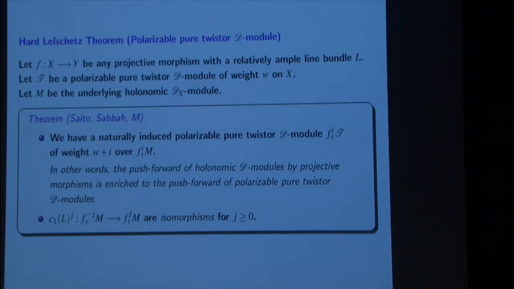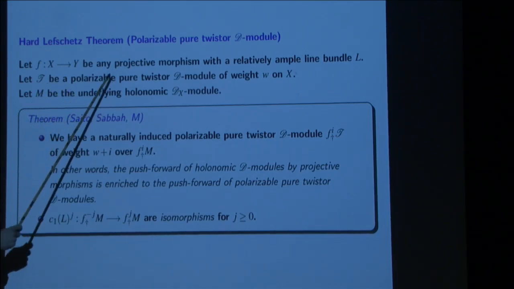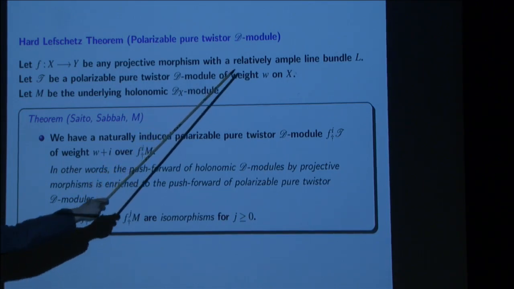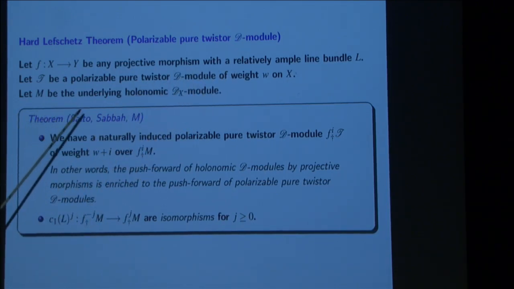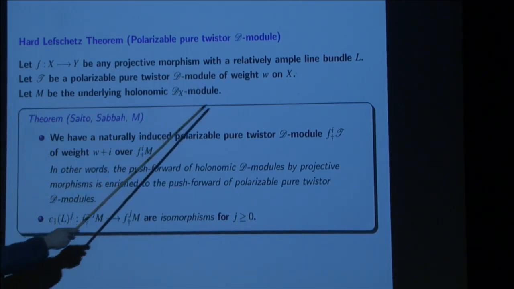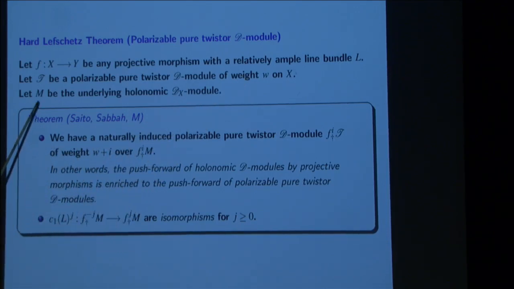Let me mention hard Lefschetz. The decomposition theorem is related with the hard Lefschetz theorem for polarizable pure twistor D modules. Suppose we are given a projective morphism with a relative ample bundle L, and suppose we are given a polarizable pure twistor D module on X, and let M denote the underlying holonomic D module.